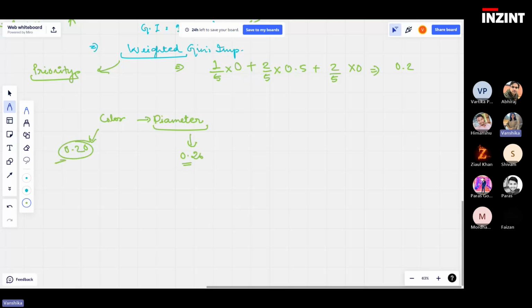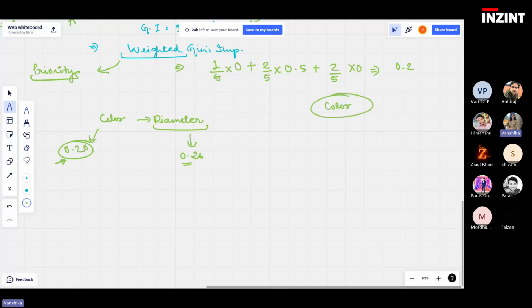I got to know that color would be my splitting criteria at the top.